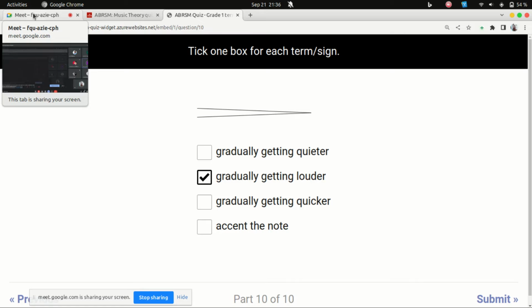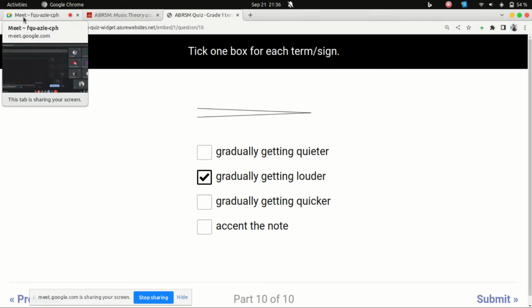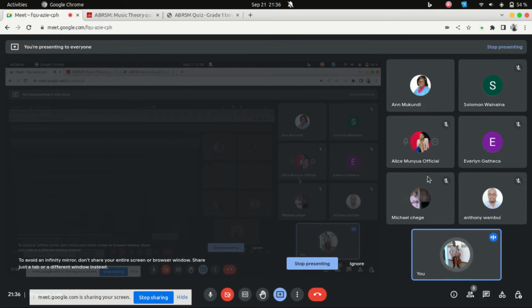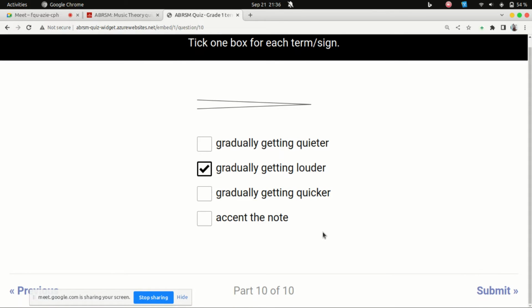Okay, I think the second last, the F. Her answer was very loud. I think it should be loud. Okay, F is loud. And then Alice Munyo, how many did you see her getting wrong? The second last and the last one.